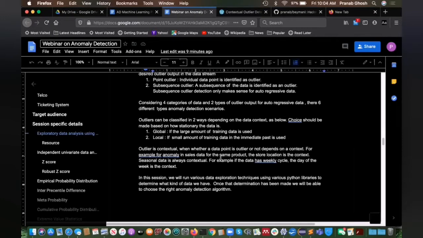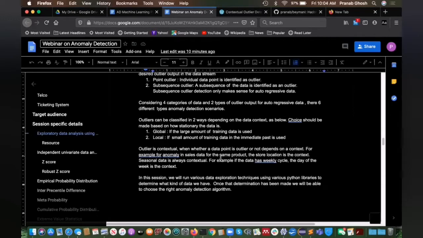Now, if your data has a seasonal cycle, for example, let's say your data has a weekly cycle. That means every day of the week, the data pattern is changing. So in that case also, it's a special case of contextual outlier because you can consider each day to be the context.